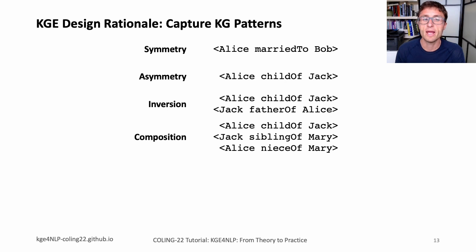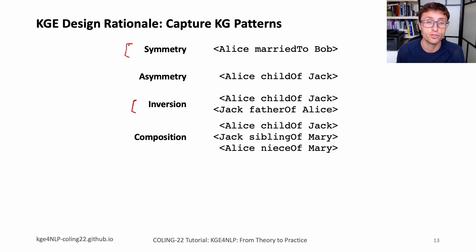So for example, we may have triples that are symmetric, like Alice married to Bob, or which are not symmetric, like Alice child of Jack. It's obviously not a symmetric piece of information.